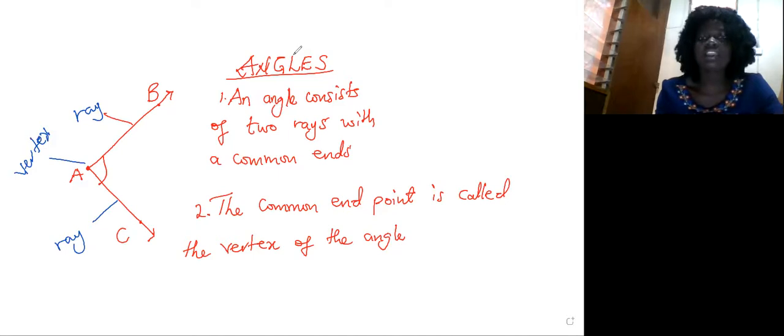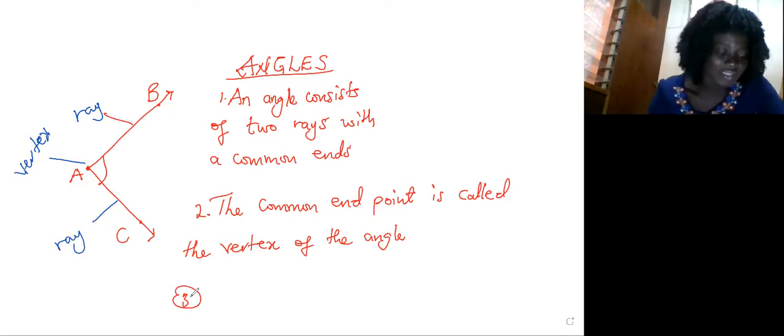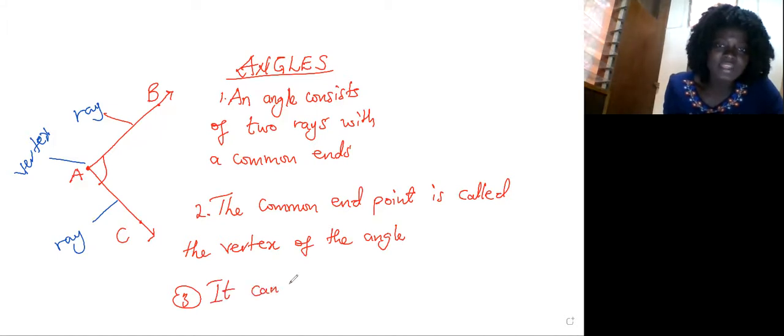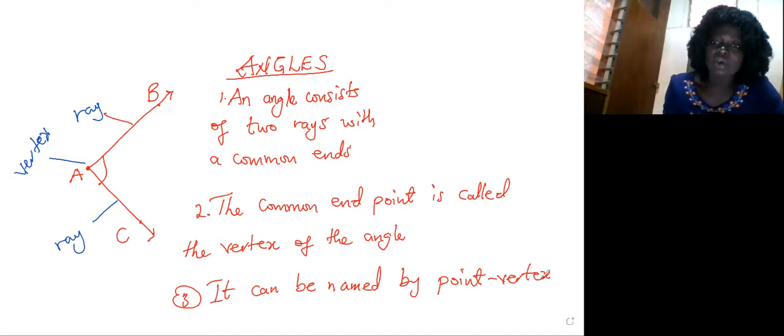Okay. What again can you say about this diagram, about this angle? Yes? Okay. Now from this diagram, we can say that an angle can be named by point vertex point. So you can name angles by the point vertex point method.